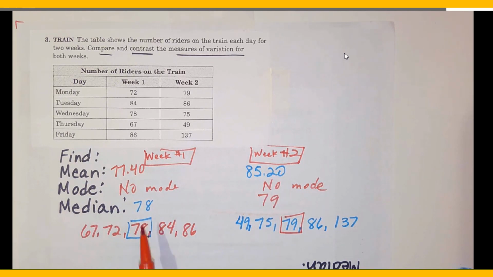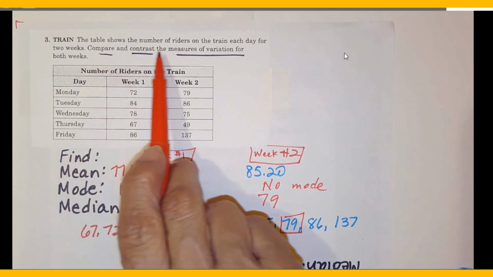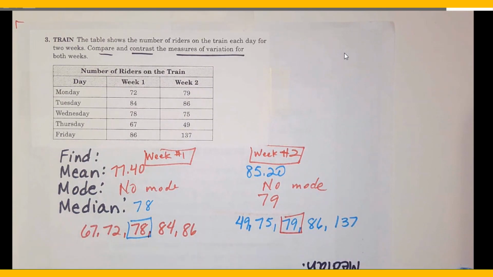However, the median was only very slightly different. I think the change was this 137 right here. And again, this is talking about the riders on the train, okay? So the average riders on the train in week 1 was 77.40, and on week 2, 85.